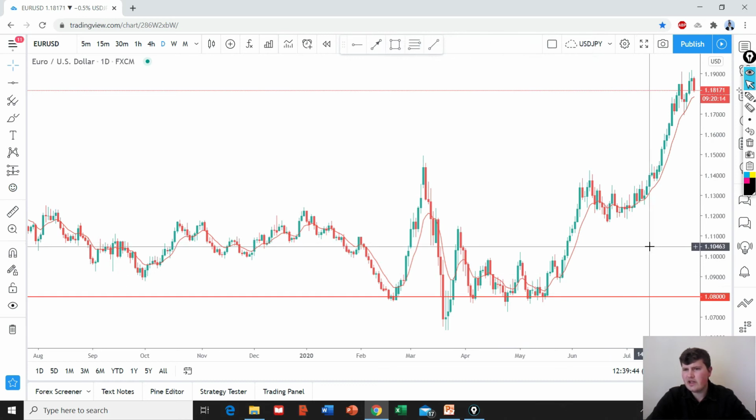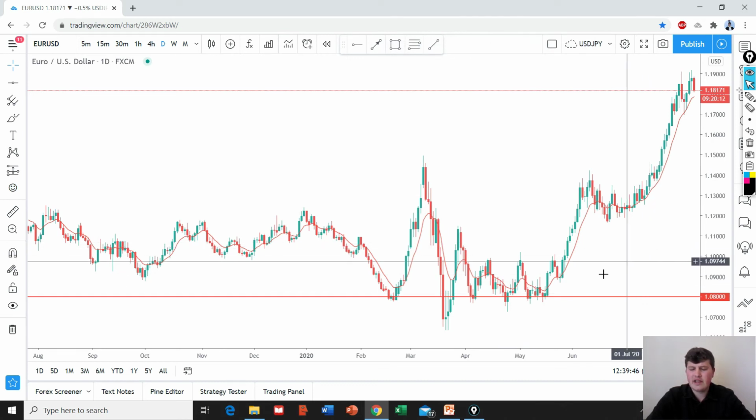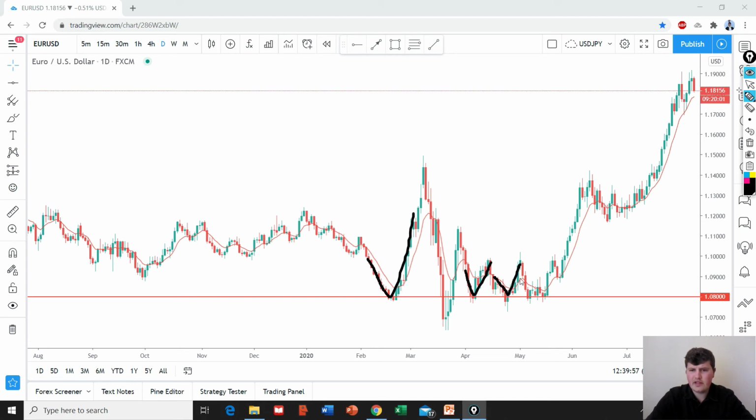And as you can see, at 1.08, that's one of the psychological levels, and immediately you can see that price bounced at this level once, twice, 3 times, and recently 4 times. So this is a very good psychological level that you can add to your trading toolkit and be aware of for when price reaches this level in the future again.